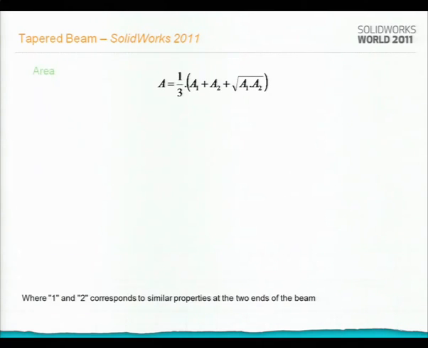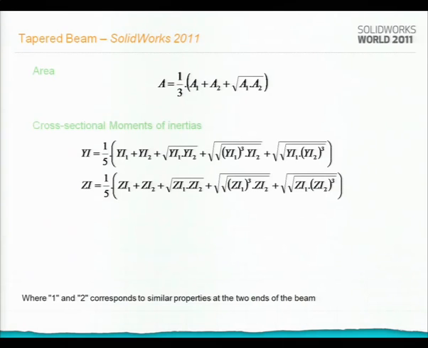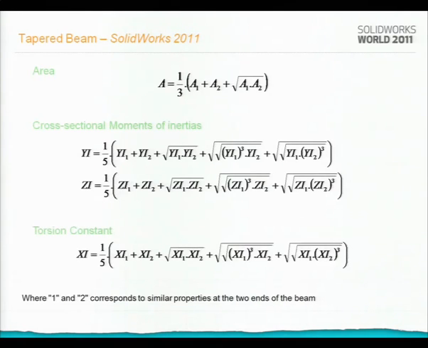These are equivalent formulas. On your left you have the equivalent area, in this case for the uniform finite element, and on your right you have the areas for the actual taper finite element. So these are the cross-sectional moments of inertia, and this is the torsion constant.